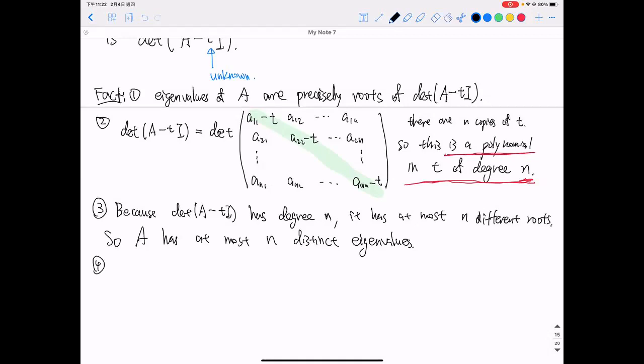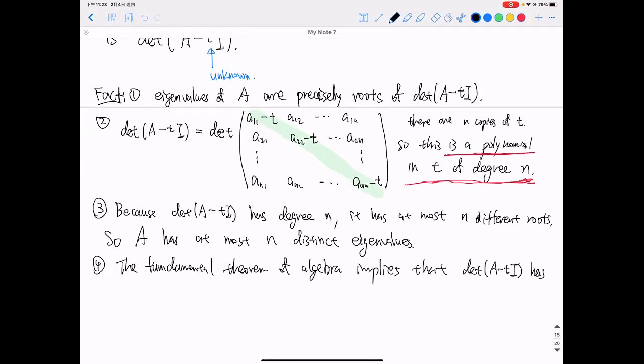Now, the fundamental theorem of algebra implies that this characteristic polynomial has at least one complex root.